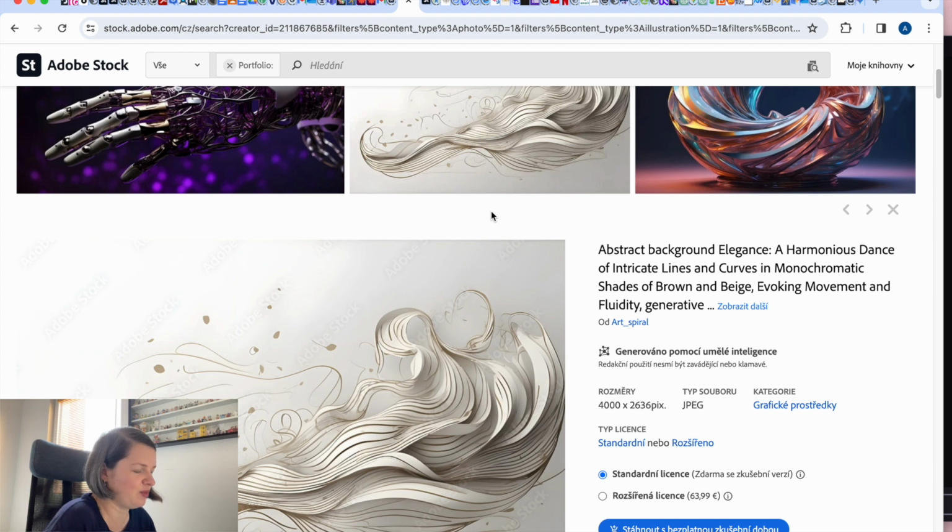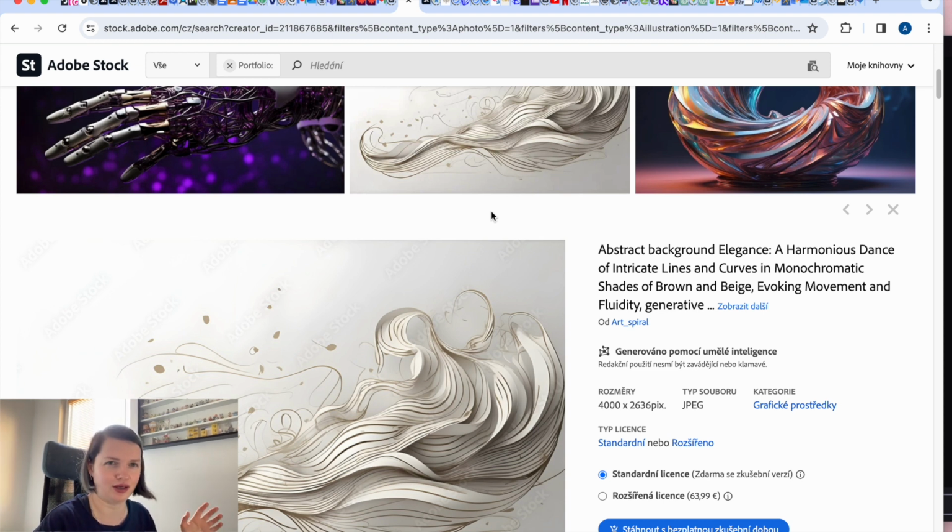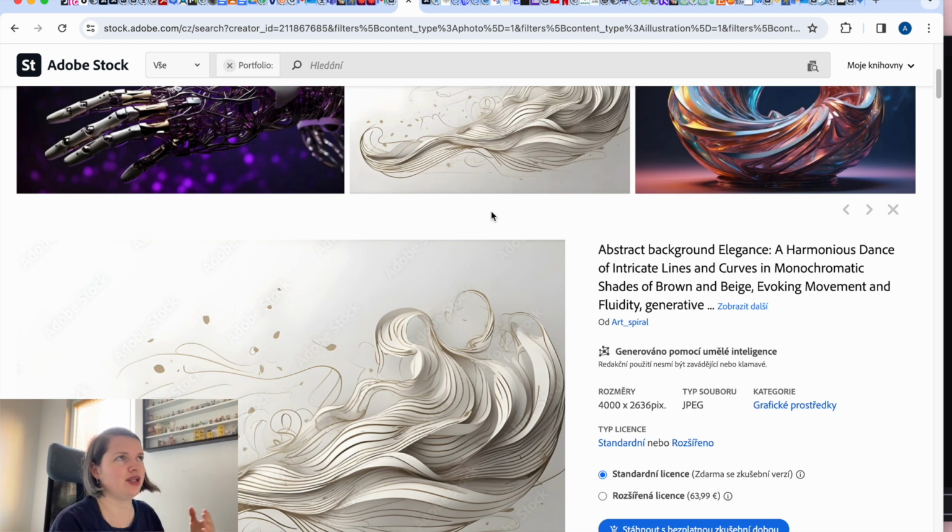So this image description seems to me to be AI generated, like it was created by ChatGPT or something like that. And you have to realize that people looking for images are not AI, and they will not be entering this kind of keywords like a harmonious dance of intricate lines.